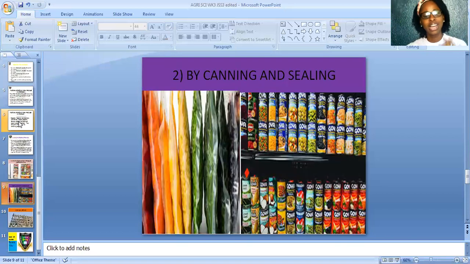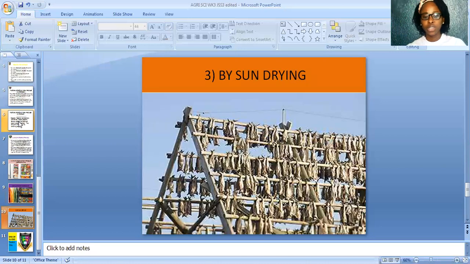We have another one, canning and sealing. Whenever you see a Ziploc nylon, it's called sealing. We have another one, sun drying. This is where you can see fishes being sun dried, so it can reduce the water content.